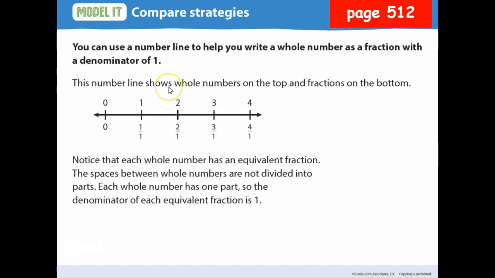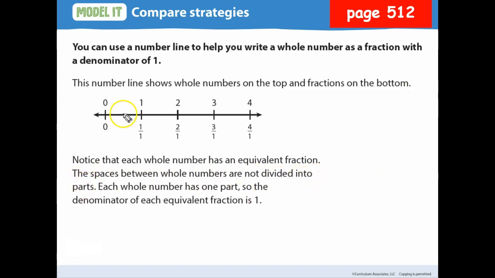You can use a number line. Okay, from 0 to this one is just 1 whole. Then 2, 3, 4. Okay, the number line is not divided into sections right here. That's why we have 1 over 1, 2 over 1, 3 over 1, and 4 over 1. Notice that each whole number has an equivalent fraction. The spaces between whole numbers are not divided into parts.